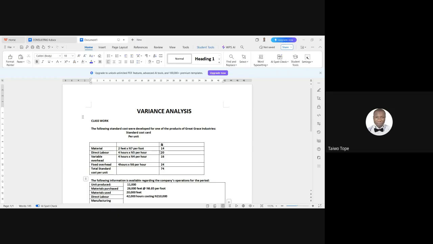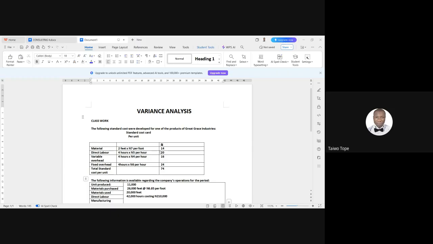The fixed production overhead absorbed and the actual fixed production overhead incurred. So just as we have it in our notes, it is your standard variable in terms of the fixed overhead less the actual variable of fixed overhead.